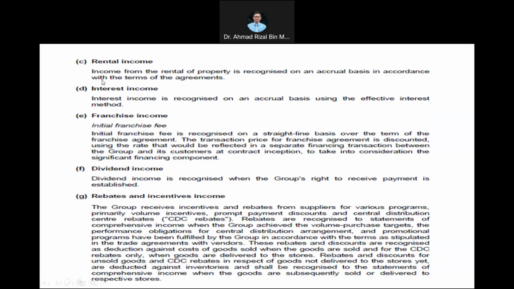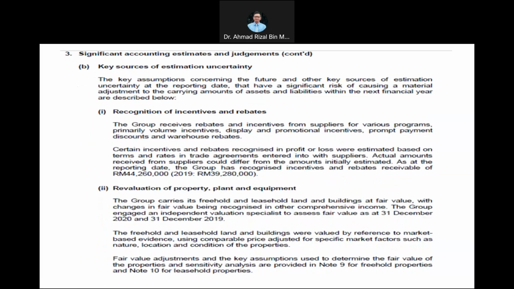And then you have rental income, interest income, franchise dividend, rebates and incentives income as well. So at least 7 sources of revenue for 7-Eleven, and they spell out the basis of the revenue calculation from each of these sources.